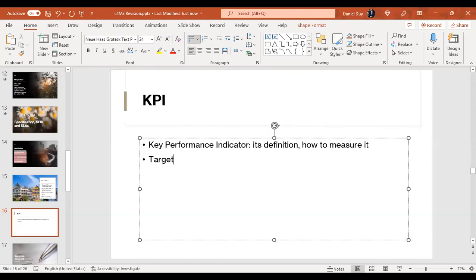It only has a name and how to measure. We need to set the target differently. We need to look at our objective and set up a target relevant to that objective.